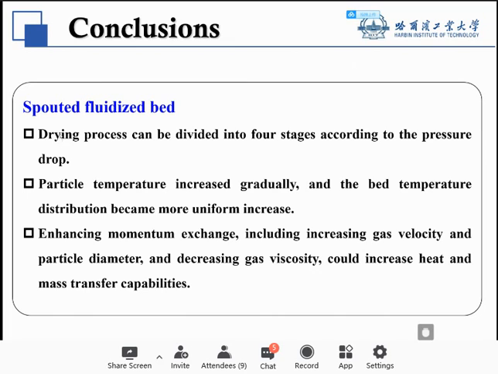For example, we can find that the drying process can be divided into 4 stages according to the pressure drop, and the particle temperature increased gradually, and the bed temperature distribution became more uniform. Enhancing momentum exchange, including increasing gas velocity and particle diameter and decreasing gas viscosity, could increase heat and mass transfer capabilities.